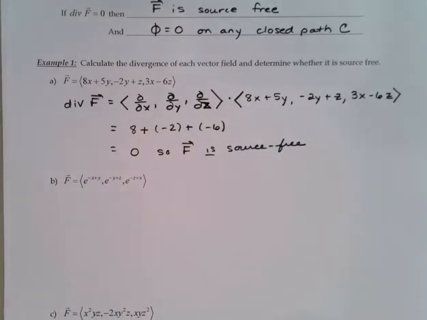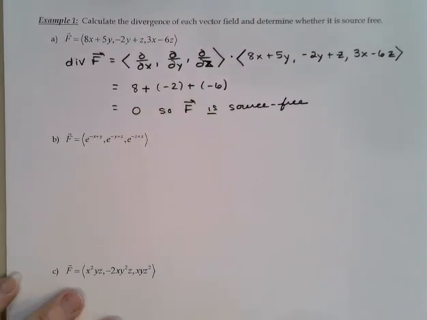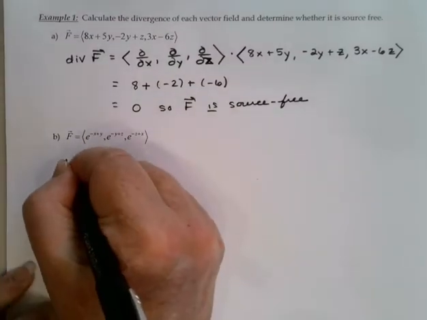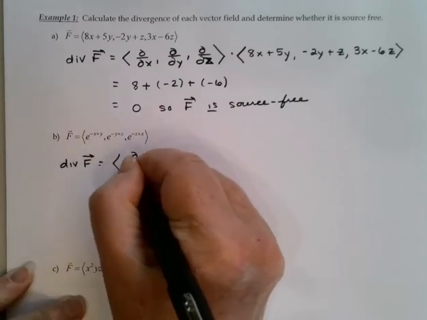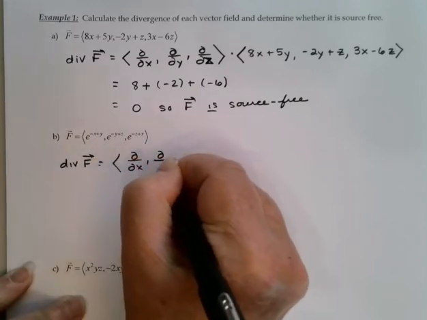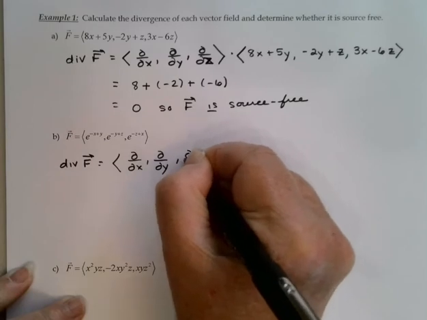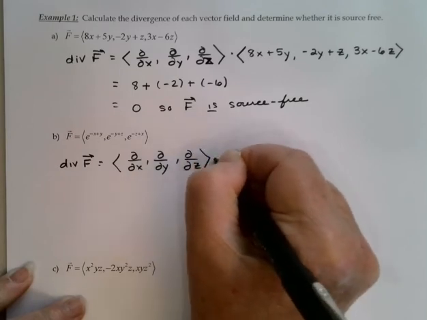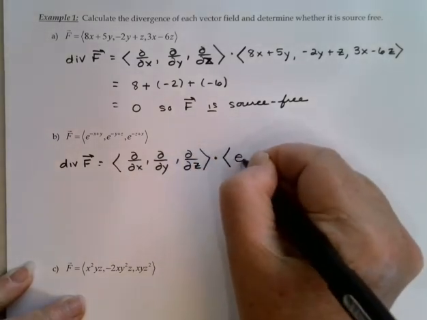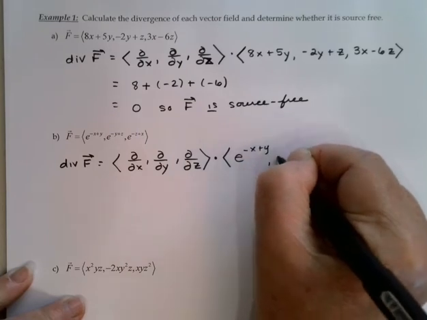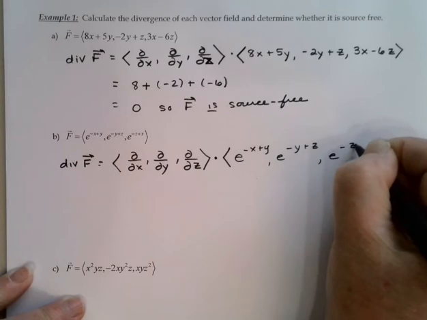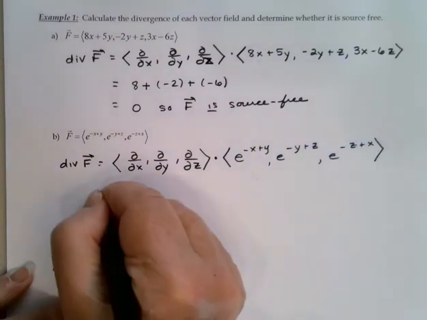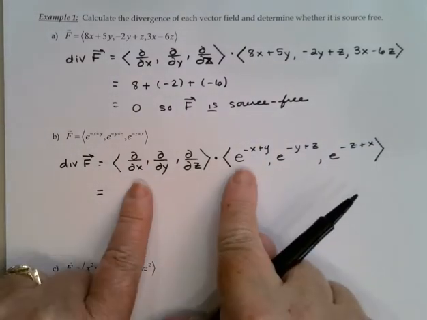All right, let's do a couple more. In B, divergence of f, and again, I'm just going to go ahead and write out my del operator, dot product with the vector field f that we were given. We do our usual dot product structure.